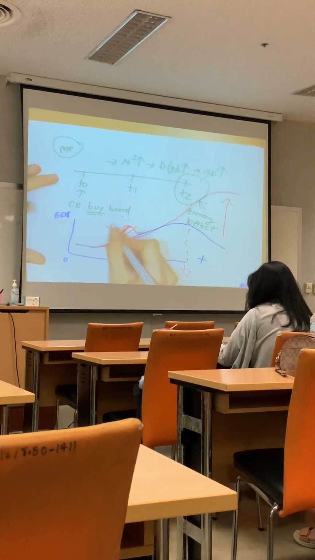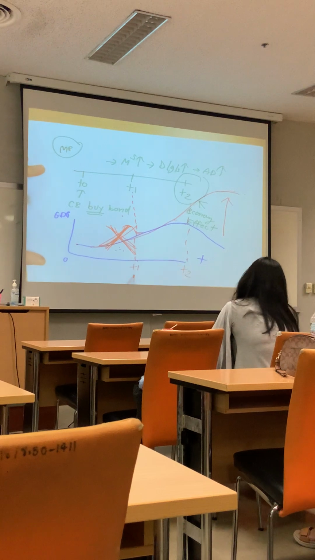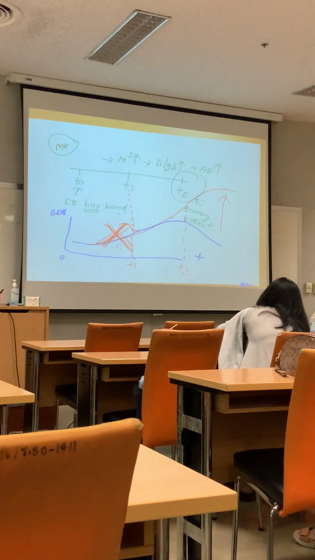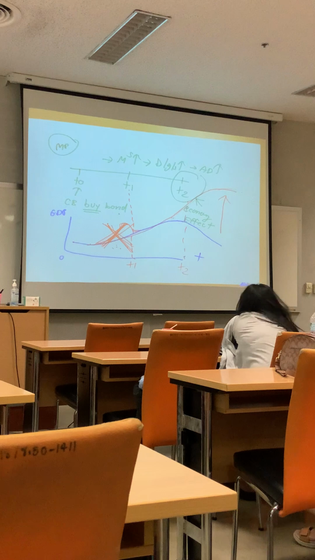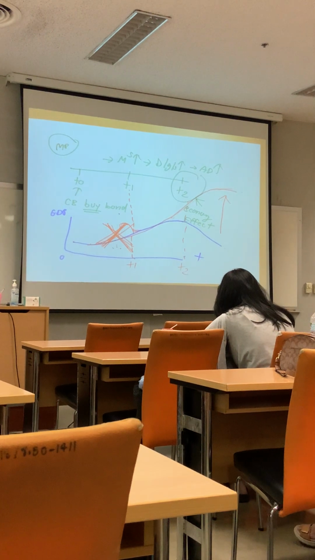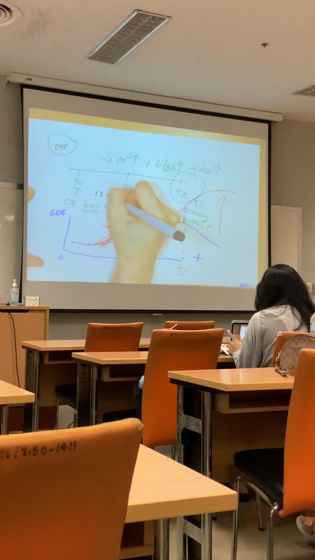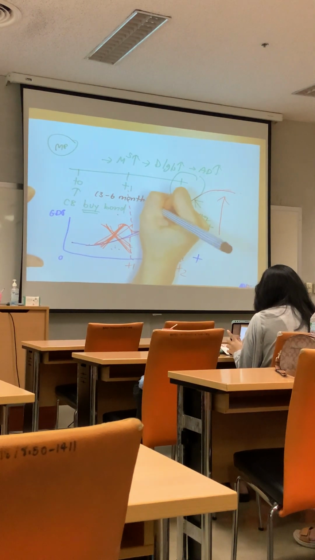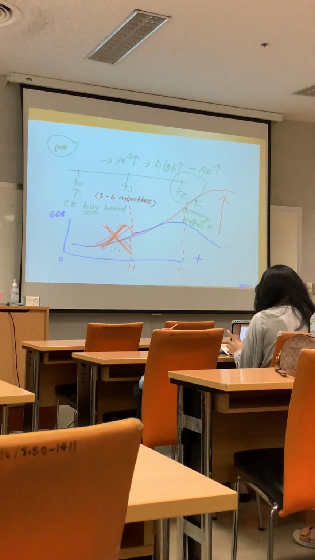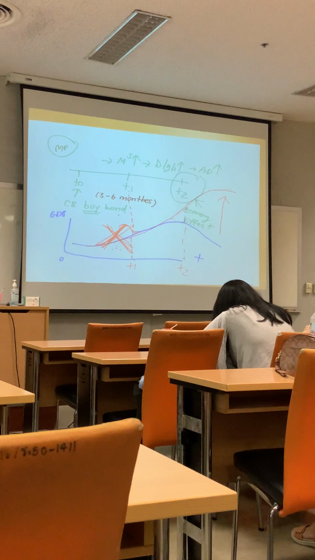Because if you expect it to affect at time T1, it does not, since it takes a long time before policy affects the economy. Usually in evidence studies, you need to wait about 3 to 6 months before monetary policy affects the economy.